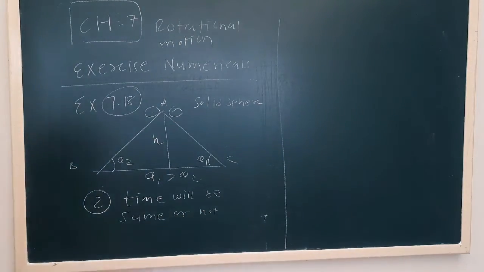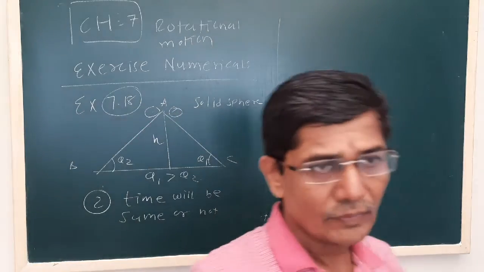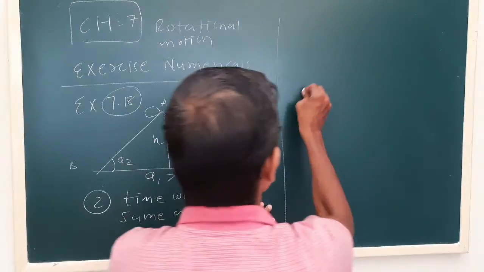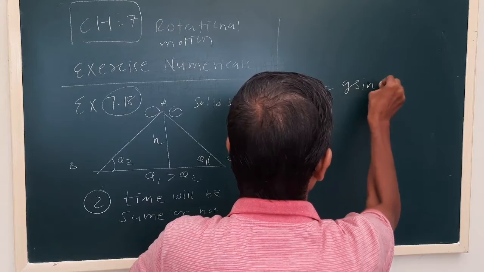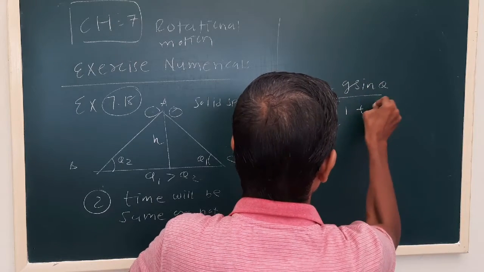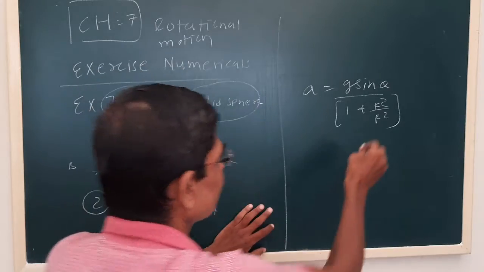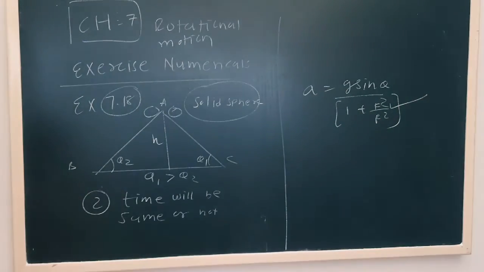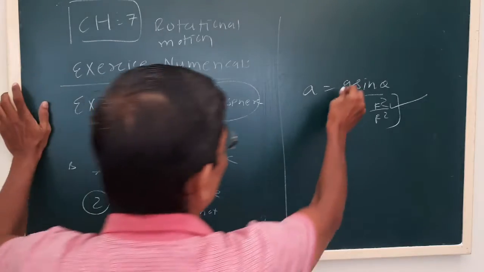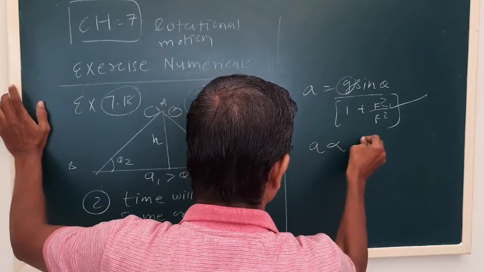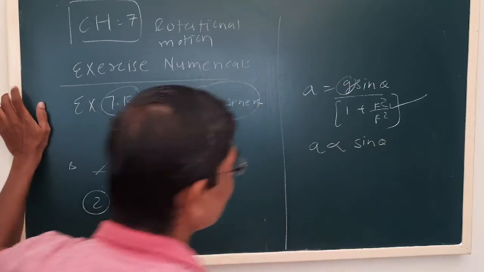Now see, it is accelerated motion. A is equal to g sin theta divided by 1 plus K square by R square. For a given object, that is a solid sphere, K upon R square will remain the same, g also is the same. So a is proportional to sin theta.